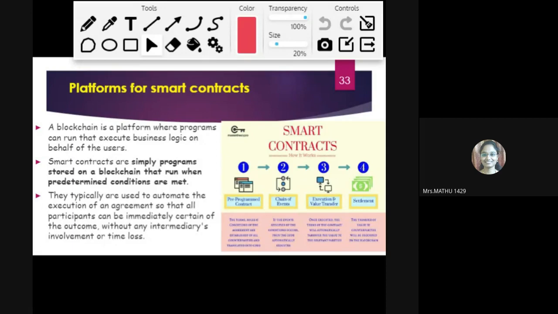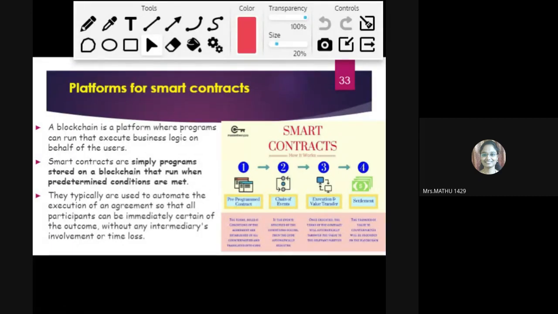So what is the precondition? For example, you have a land and you are selling it to another person. Let us take them as A and B. A is selling the land to B. So what are the preconditions?